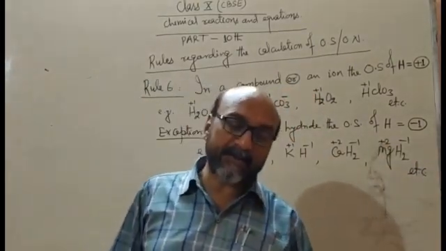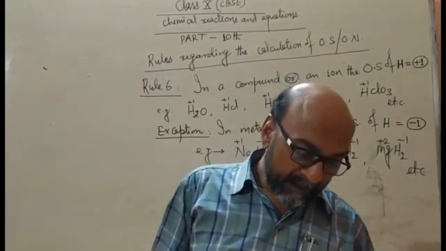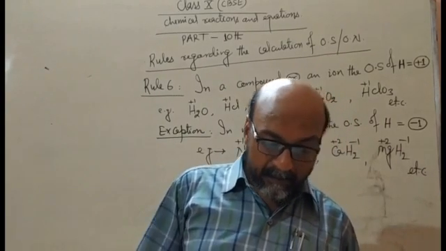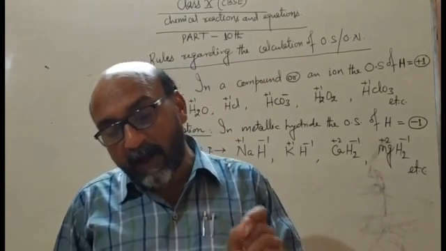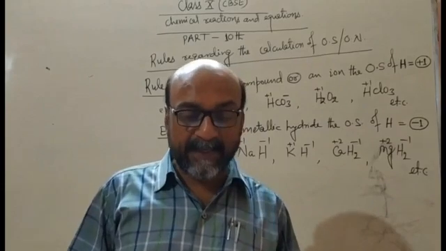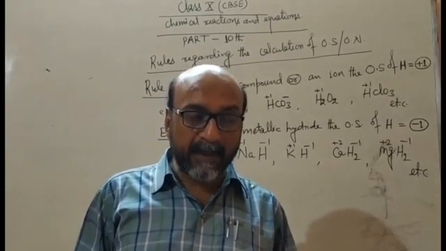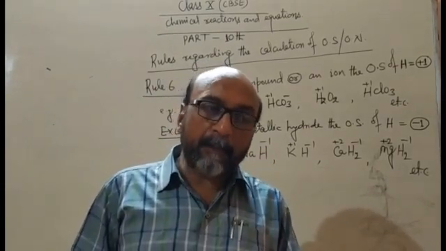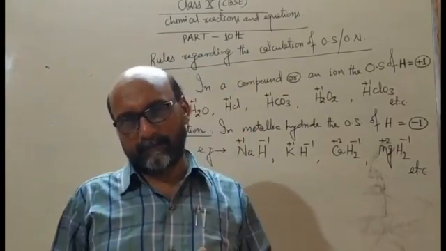This is rule 6. Now, rule 7. In sulfides, the 7th rule is for the element sulfur and for a particular class of compounds of sulfur.